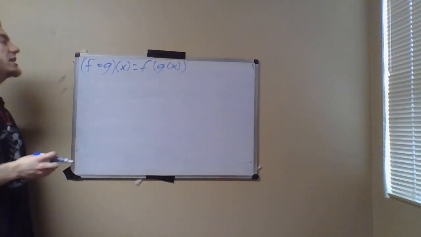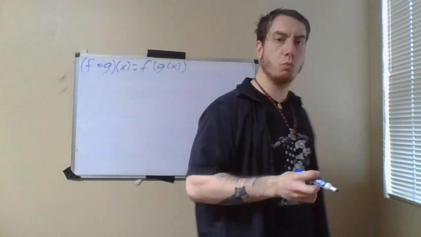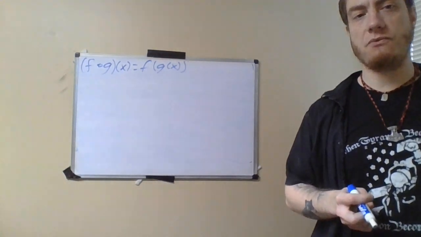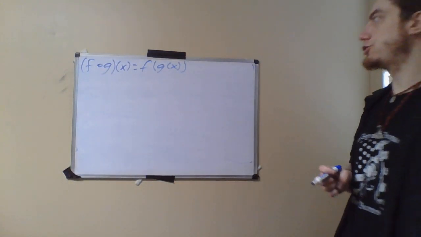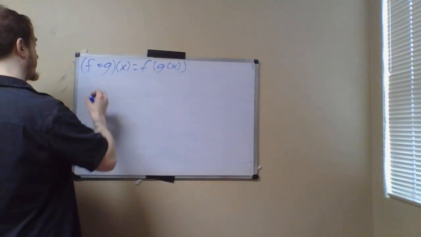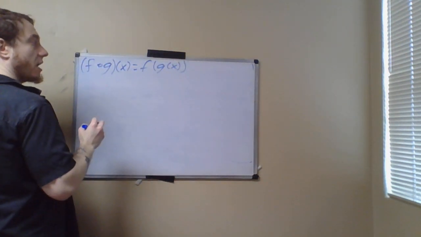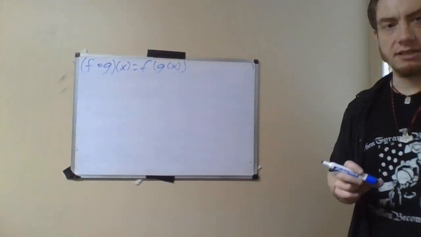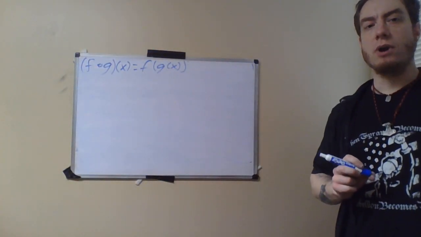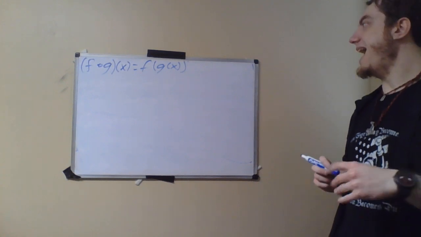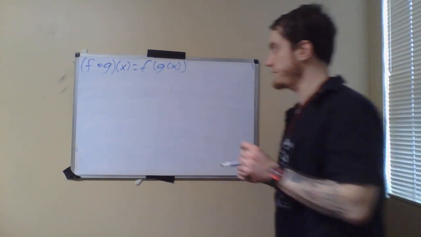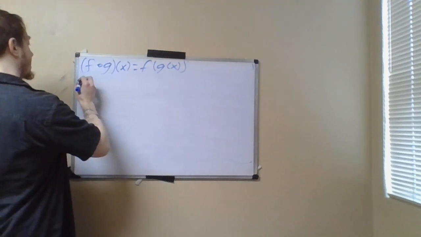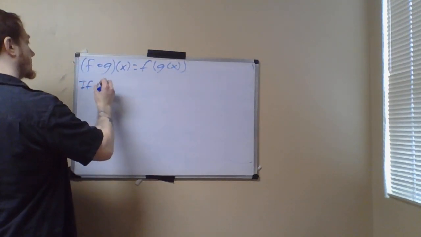So what can we say about continuity in this case? What conditions do I need on f and g in order to ensure that this is continuous at c? Well, the answer is the following. Essentially, what I need is for g to be continuous at c and for f to be continuous at g of c. So let's write that down and see kind of why that is true.